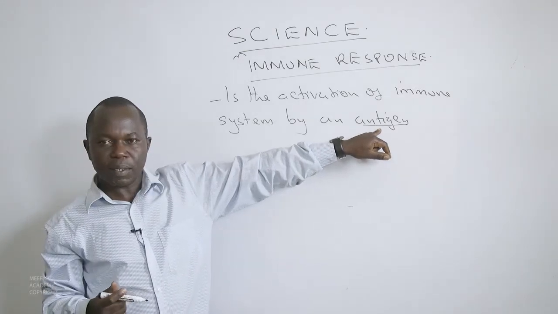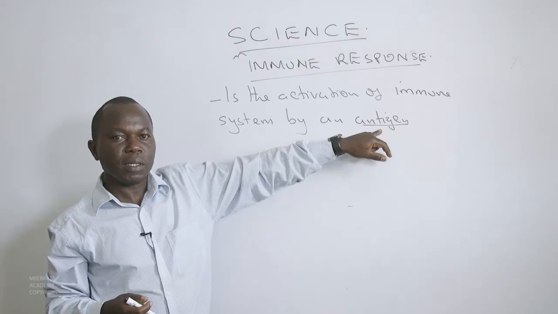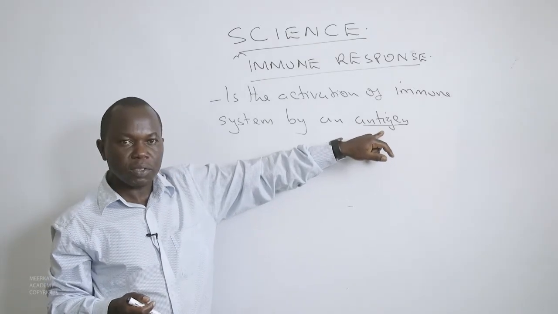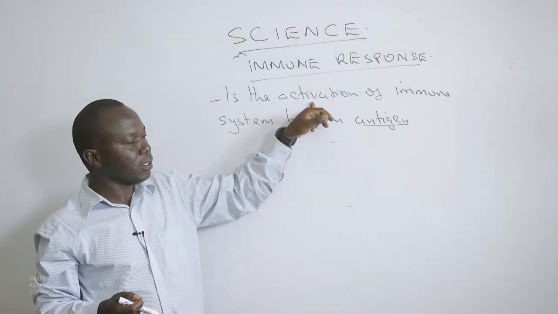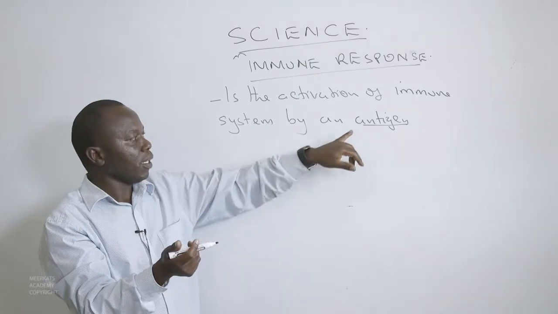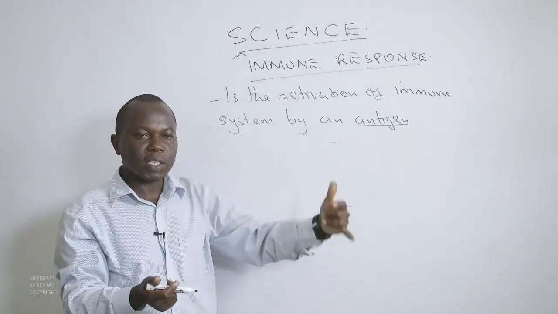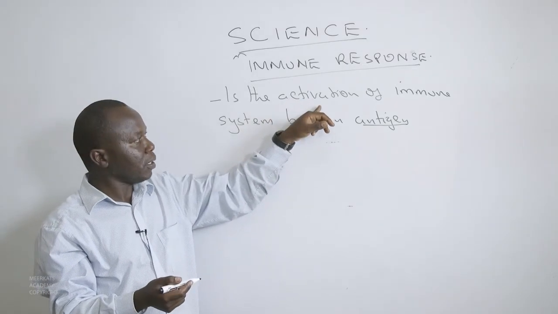So we have to find out the meaning of an antigen. An antigen is usually a foreign material that will cause activation of the immune system. So you can define it in a reverse way: a foreign material or a protein material that usually activates the immune system.